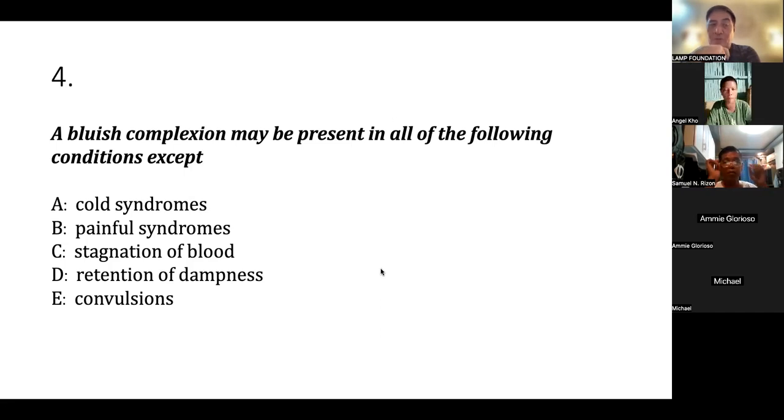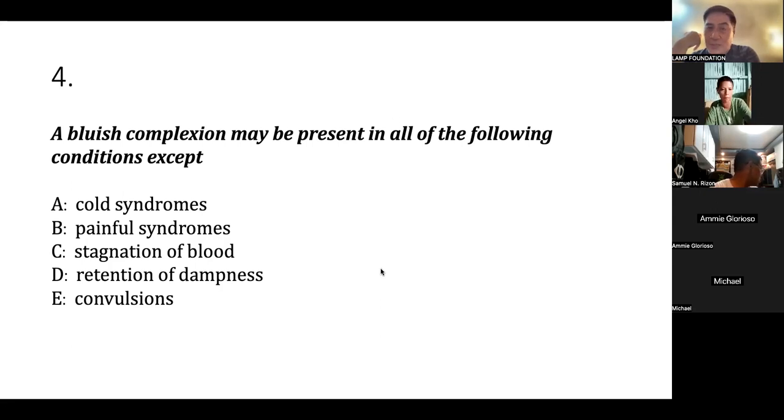So what is the color? What is the complexion color if there is dampness, retention? Dampness, what color do you usually associate it with? No. Dampness. What organ is affected when you have dampness? Ma'am Ami? Spleen, Doc.